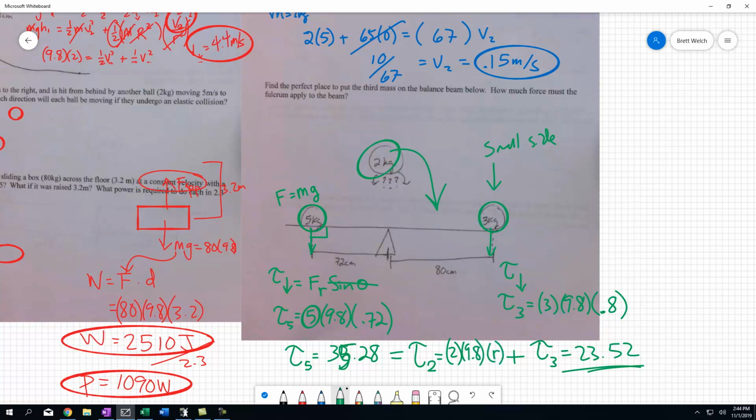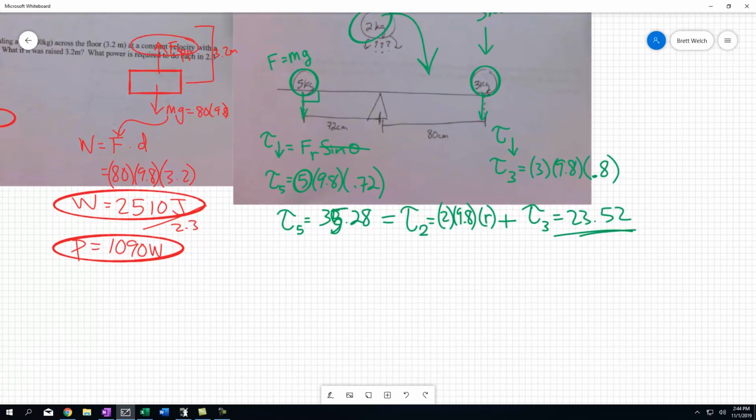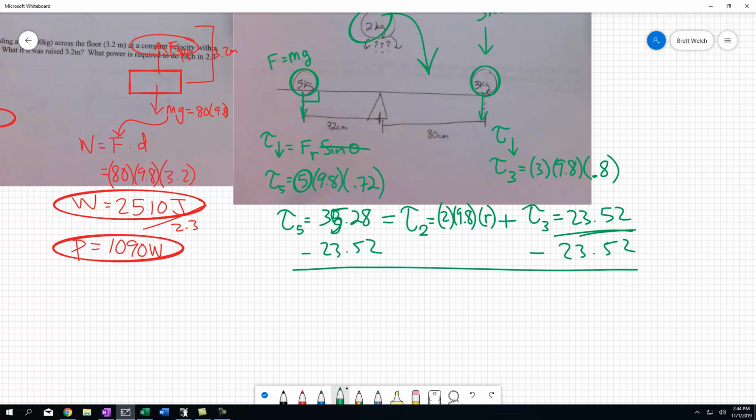I don't know that radius, but I do know that if I were to subtract 23.52 from both sides, I'm going to get something like 11.76 equals, and this guy right here would be 19.6 R. If I divide by my 19.6, the radius I need to put it at is 0.6 meters.